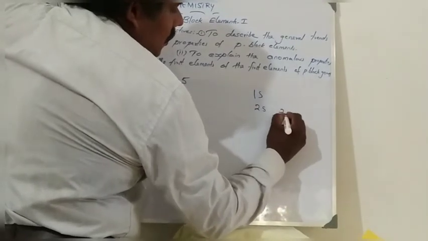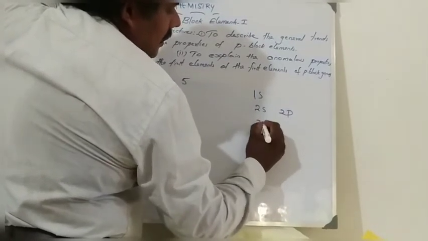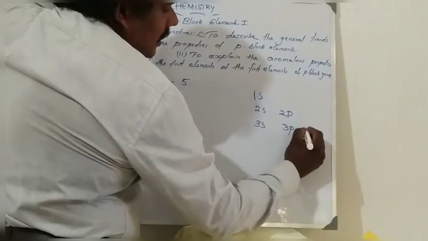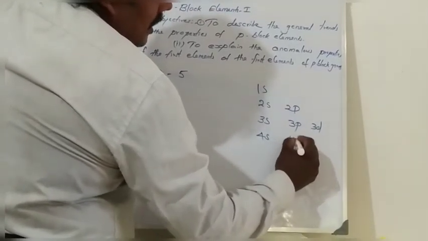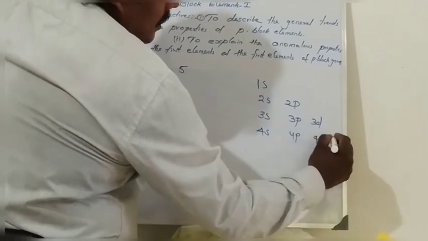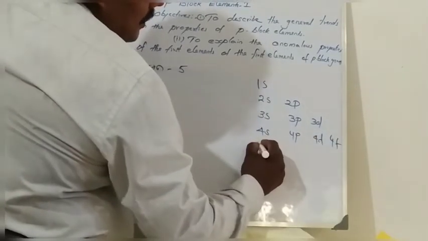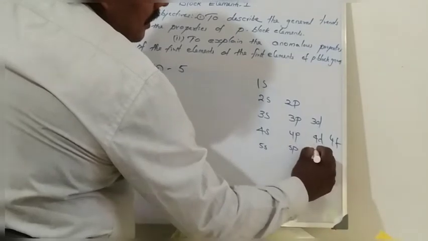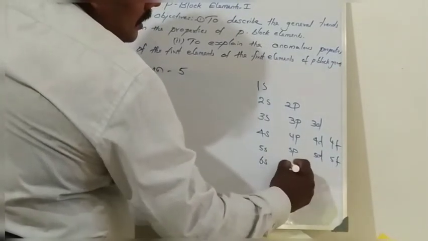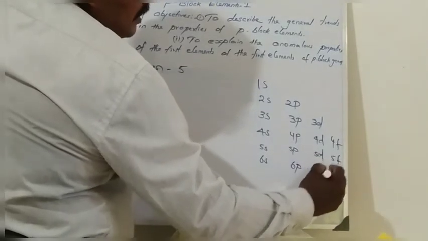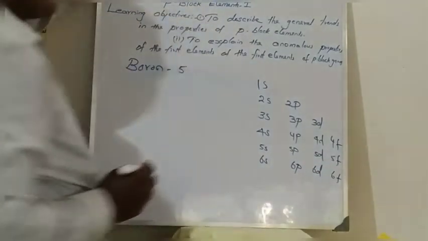2s, 2p, 3s, 3p, 3d, 4s, 4p, 4d, 4f, 5s, 5p, 5d, 5f, 6s, 6p, 6d, 6f.